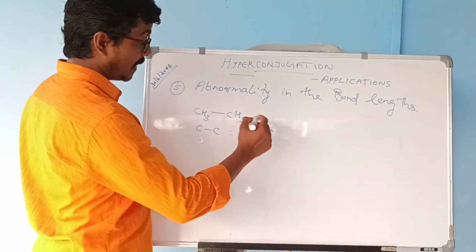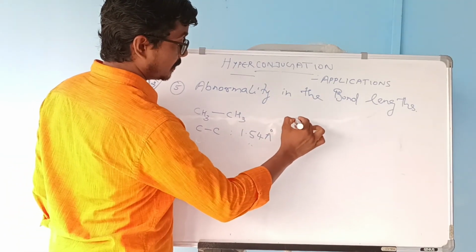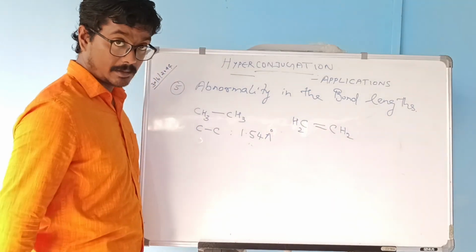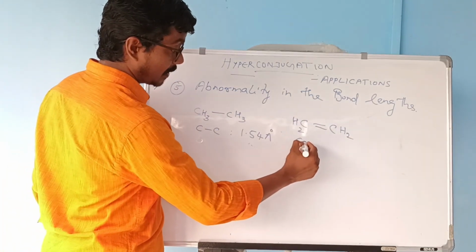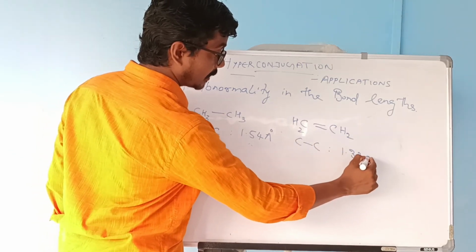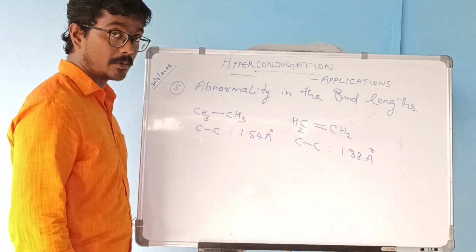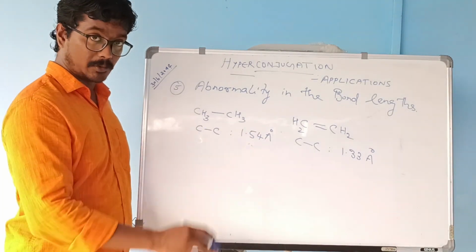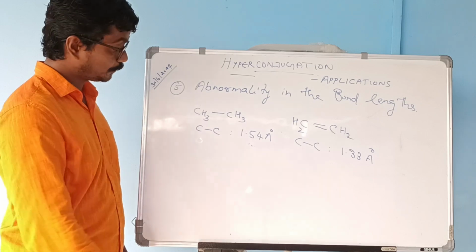And in the case of CH2=CH2, this is ethene, the carbon-carbon bond length is 1.33 angstrom. That is the standard bond length of a double bond, and this is the standard bond length of a single carbon-carbon bond.